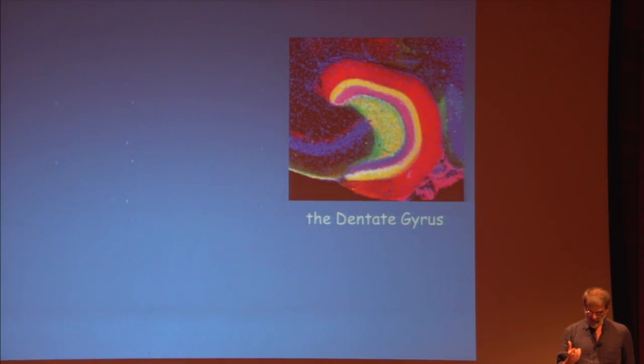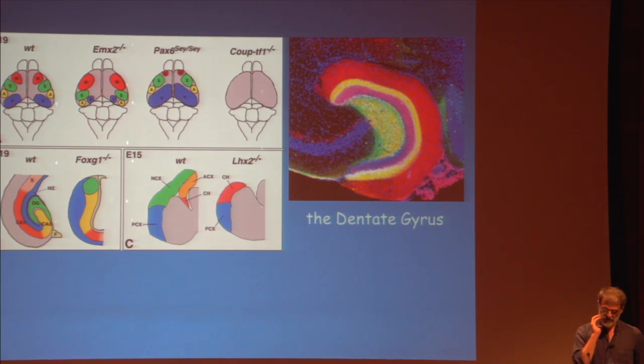At the core of the hippocampus of mammals, there is the dentate gyrus. And modern genetics tells us that there are a few genes that regulate the development of different parts of the forebrain in particular.